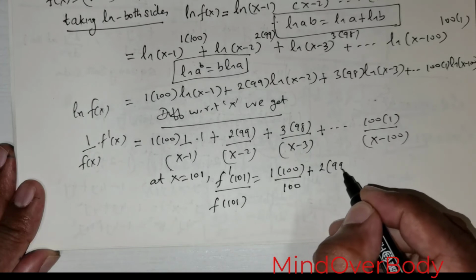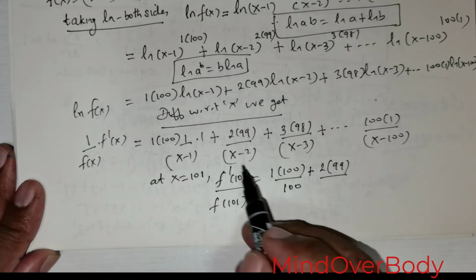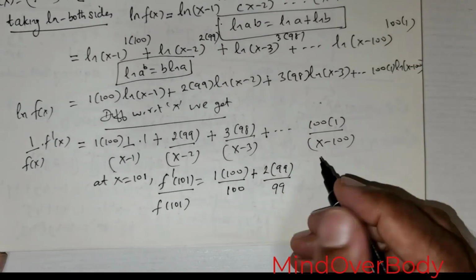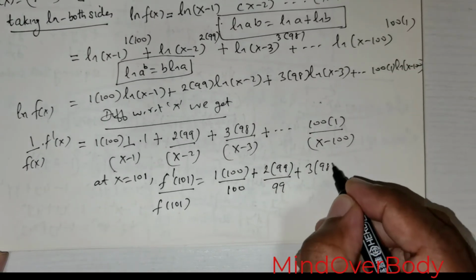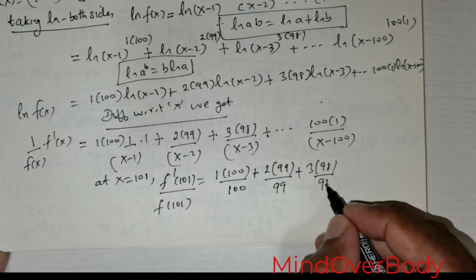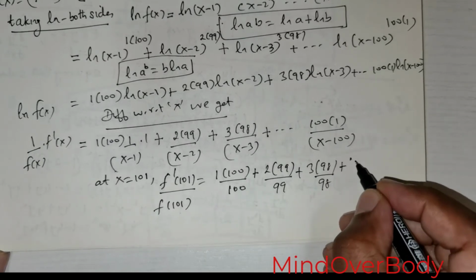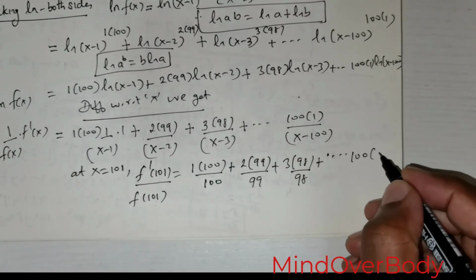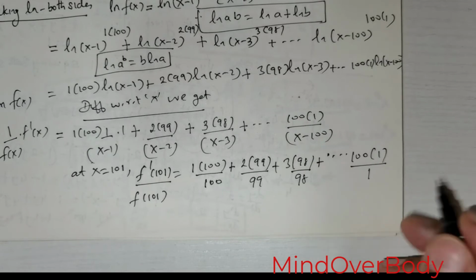This is going to be 2 times 99 over 101 minus 2, that's 99, plus 3 times 98 over 101 minus 3, that's 98, and it goes on up until 100 times 1 divided by 1.